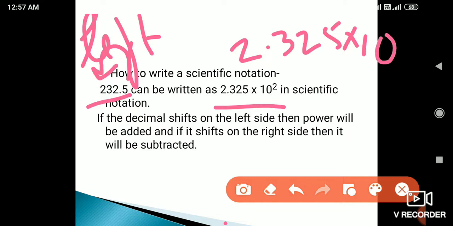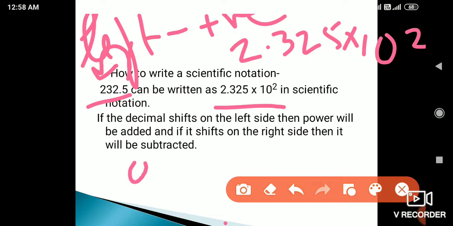Because the decimal has been shifted 2 digits, the power will be 2. And it has been shifted towards your left. When it has been shifted towards your left, it will be mentioned as positive, so it will become 2.325 into 10 to the power 2.